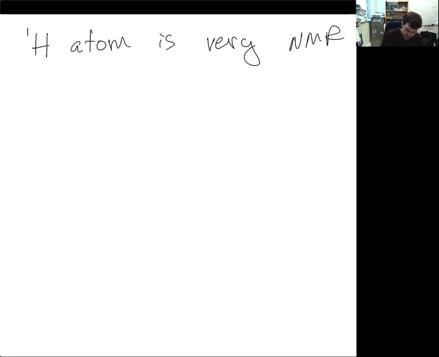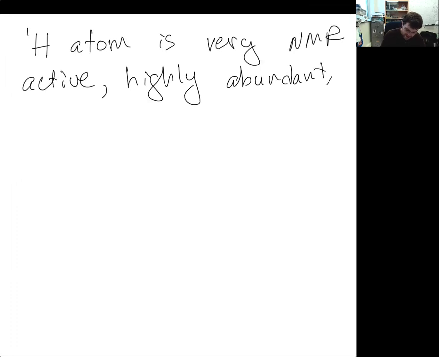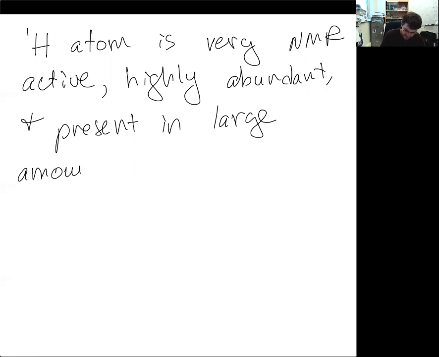Well, the king of all of this, and we're going to spend a lot of time on going forward, is the 1H atom. It is very NMR active, highly abundant, right? It's the most abundant isotope of hydrogen, and present in large amounts in most molecules.